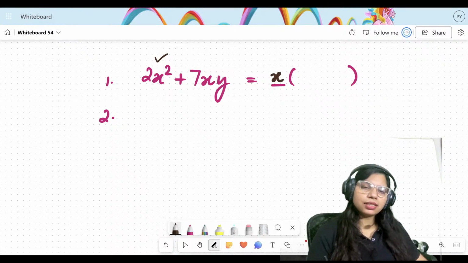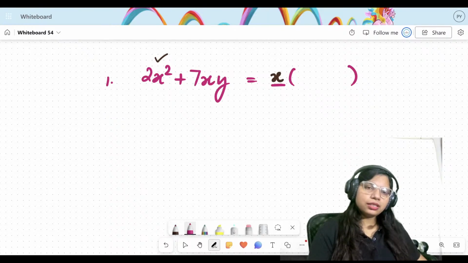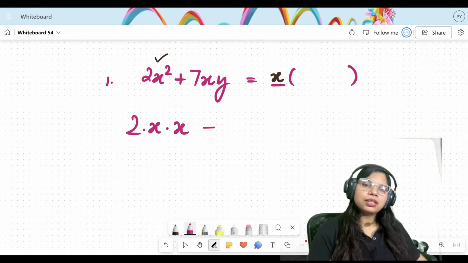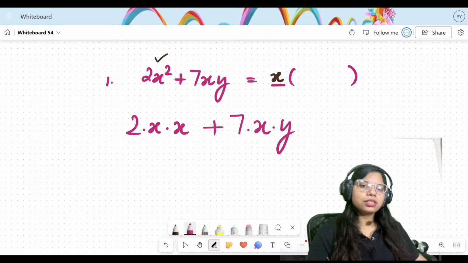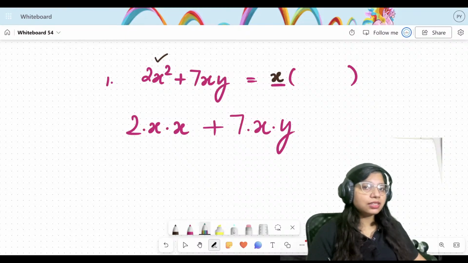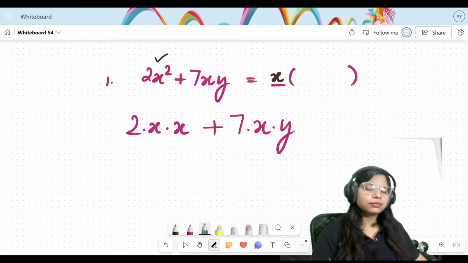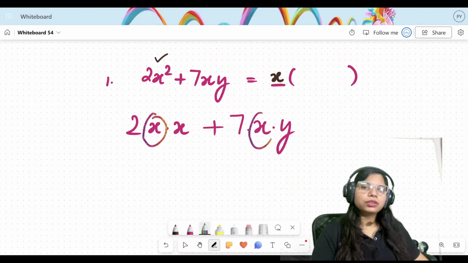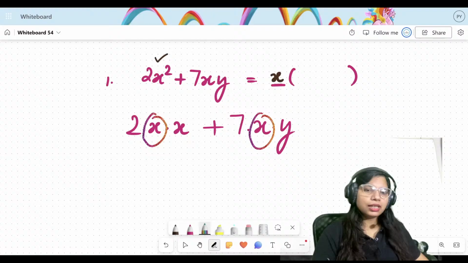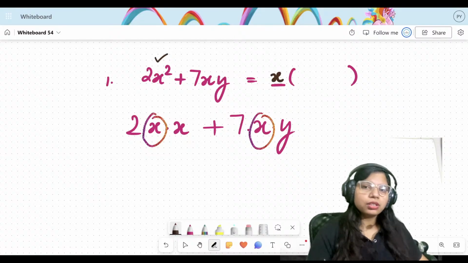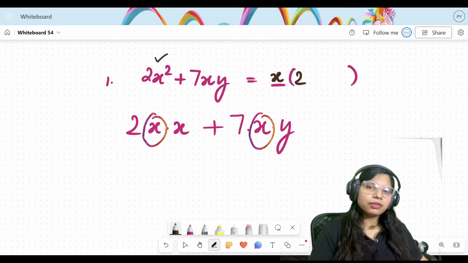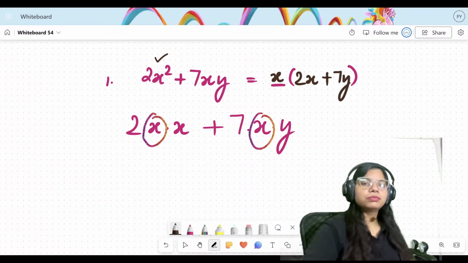I didn't write it as 2 times x times x plus 7 times x times y. Even if I'm not writing like this, will you be able to identify that x is the common thing? That's good. We have x here, we have x here. So x is common. We've written it outside. Inside, you're going to be writing what is left. So now you have 2x left in the first term and 7y in the second term.